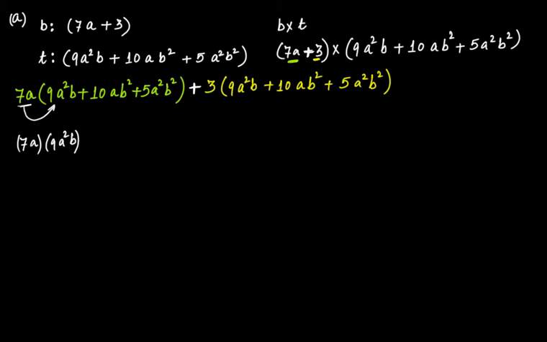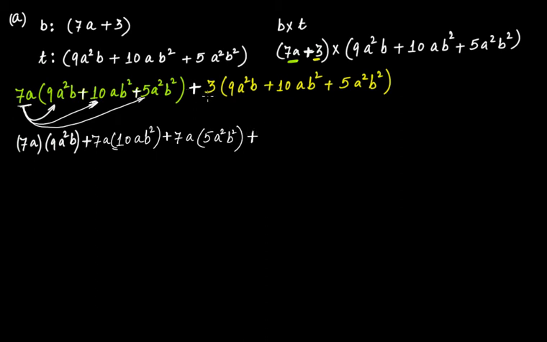Then take the 7a and multiply it with 10ab squared, so this is plus, because plus sign is here, plus 7a multiplied by 10ab squared. Then you have again plus sign here, so write plus 7a multiplied by 5a squared b squared. Okay, then this plus sign here.